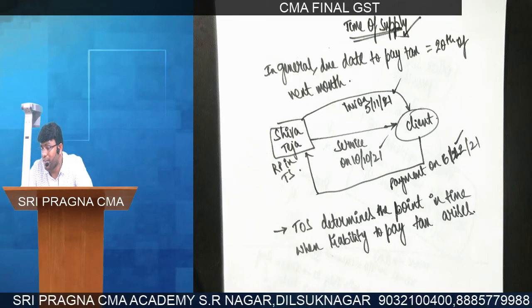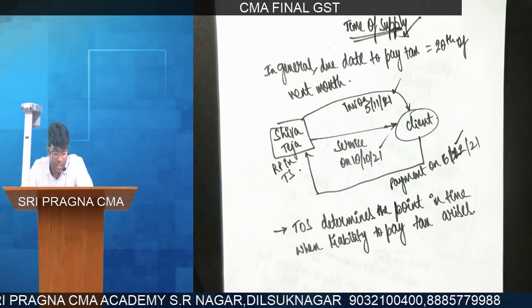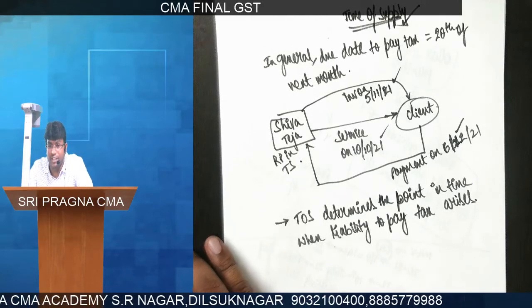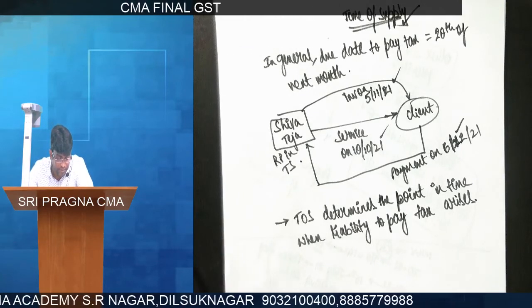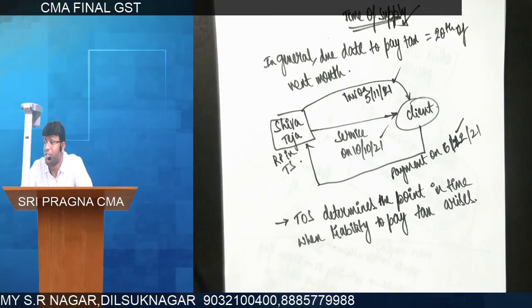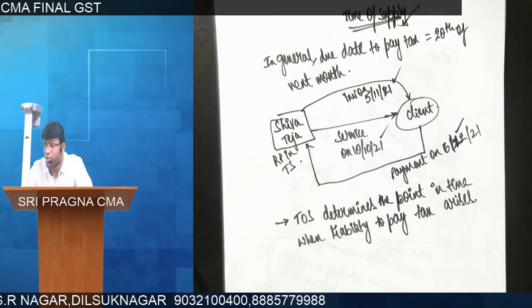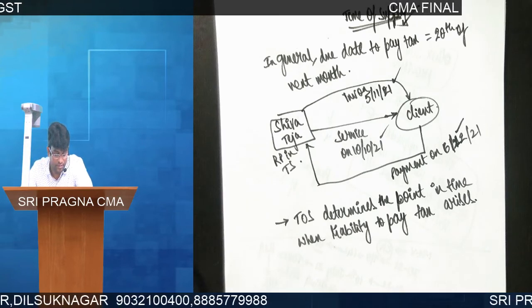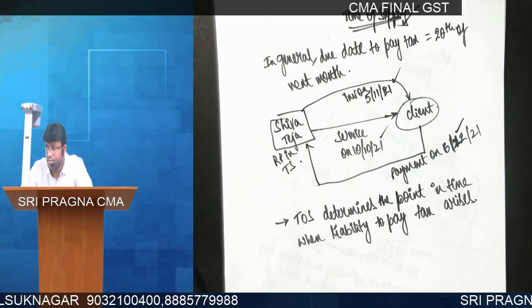Has opted composition even though what, sir? Not eligible. Then officer will issue show cause notice. You can write SCN. Officer will issue show cause notice. Full stop.